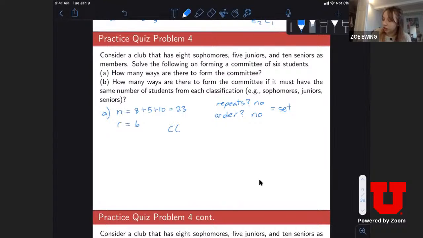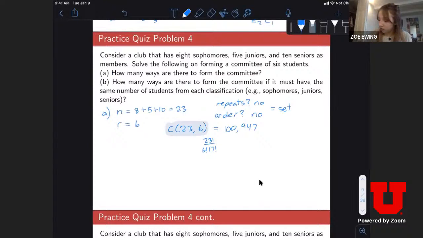So now we just need to plug it in, and we get 23 choose 6, which comes out to 100,947. And again, depending on what was specified in the quiz, that would be a totally fine way that you could leave it. But we also might have you put it in the form 23 factorial over 6 factorial times 17 factorial.